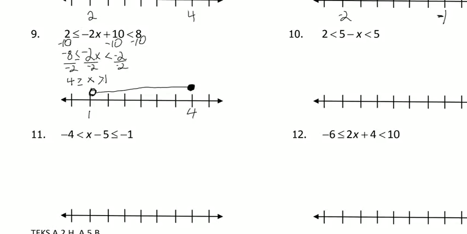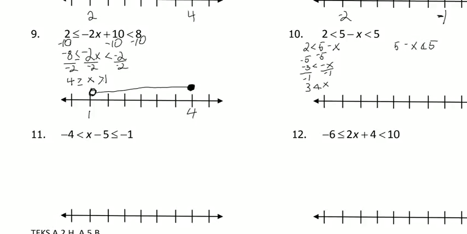We can go 2 less than 5 minus x, and we can do 5 minus x less than 5. So we can go ahead and subtract 5 from here and here. That's going to be -3 less than -x, divide by -1, and 3 is less than x.